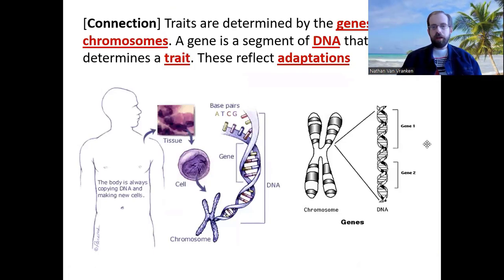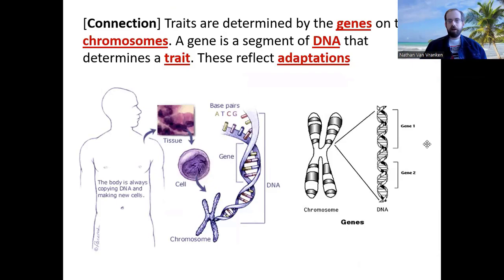When we take a look at different traits, there's actually a connection to some of the previous topics we already covered in this course. The big connection is that the traits are going to be determined by the genes on the chromosomes after meiosis. The gene is a segment of DNA, so it has a physiological component this week.